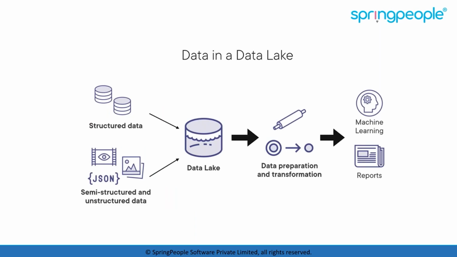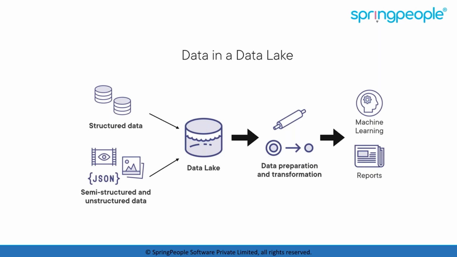And this is how the data will be stored in a data lake. Whatever data I am collecting, whether it is structured or unstructured, I will initially stage the data in the data lake, and then I will perform the transformations. Previously we discussed ETL, where we first extract the data, transform the data, and then load the data.